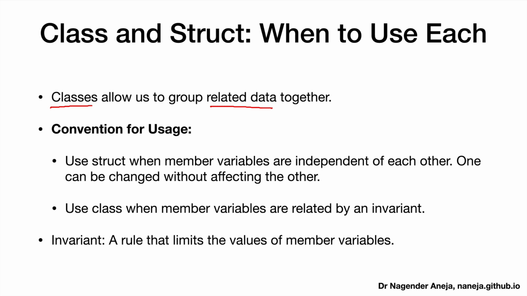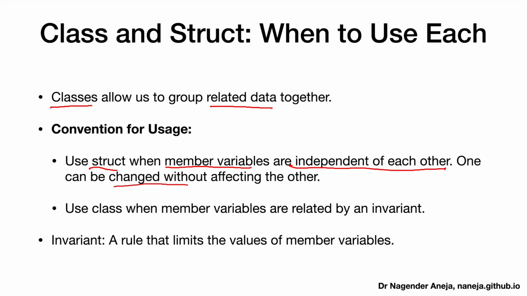So the convention for use: use a struct when member variables are independent of each other. If we have two member variables and one is not related to the second one, we should use the struct to tell our users that the member variables are not related, and there are no rules that we are going to enforce to assign the values.